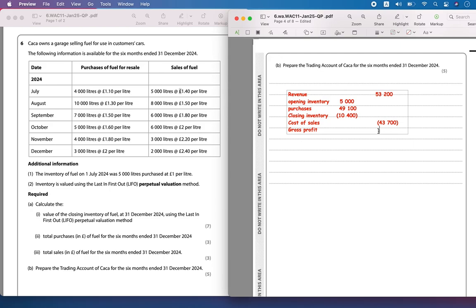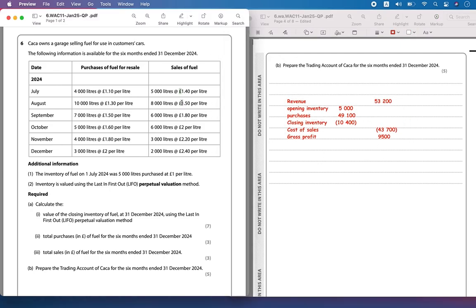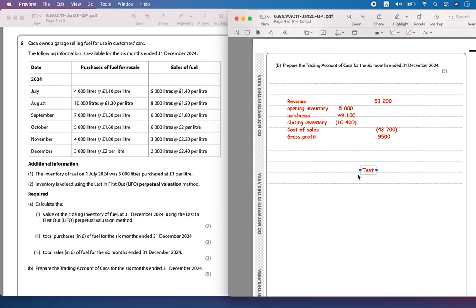So 53,200 minus 43,700, that is 9,500. So this is the trading section for the cocoa trading account.